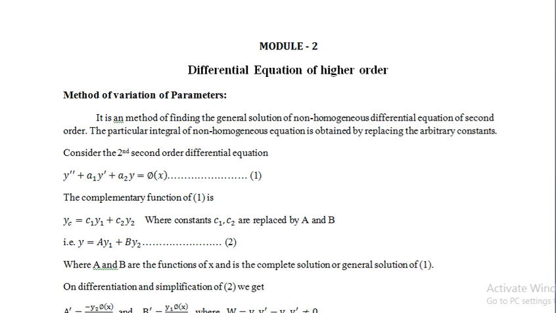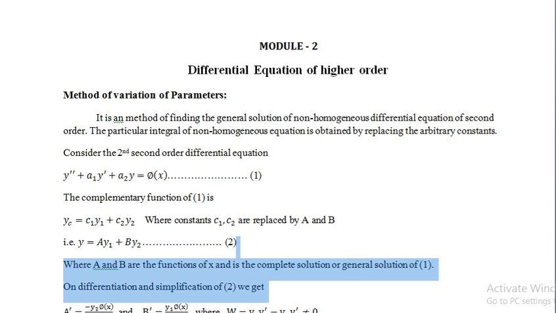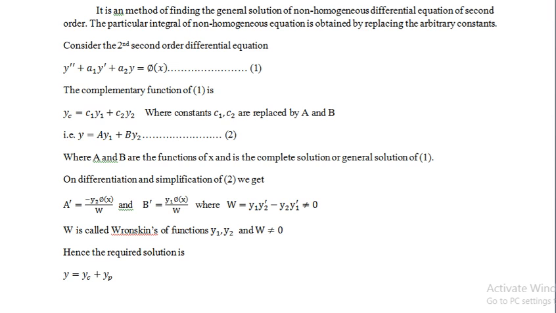On differentiation of equation number 2 and simplifying, we get the formulas for A and B as A dash equal to minus y2 phi of x by W and B dash equal to y1 phi of x by W. Here W is equal to y1 y2 dash minus y2 y1 dash, and W is called the Wronskian of y1 and y2, and W is not equal to 0.